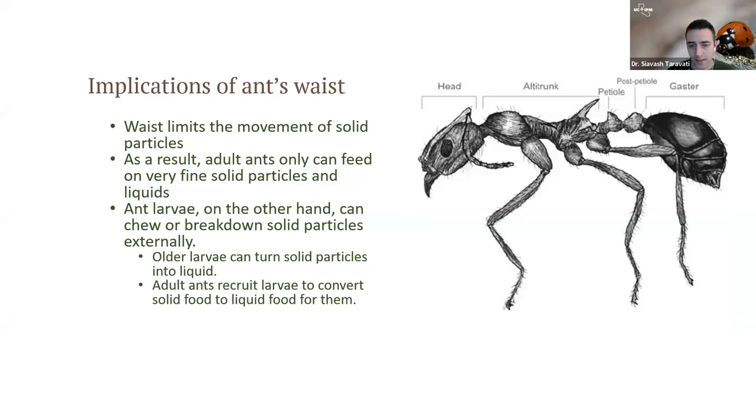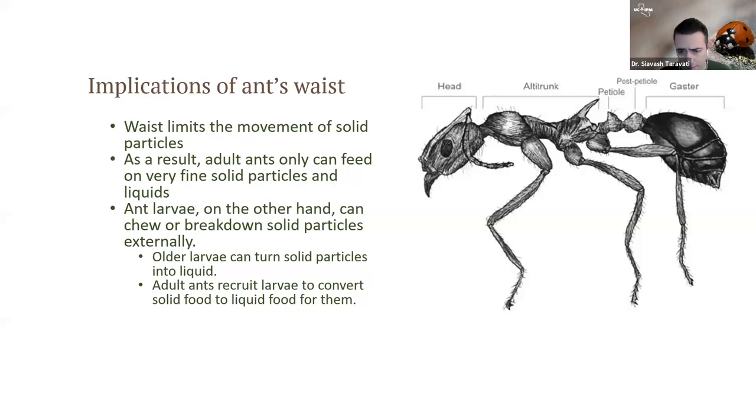Anytime they gather solid food, they bring it back to the nest and feed it to the larvae, especially the later stage larvae, which have larger mandibles. The larvae chew on it and feed on it, and then they regurgitate a fluid made out of enzymes and food particles. That's when most of the worker ants can feed on this stuff. So they cannot feed on larger stuff.